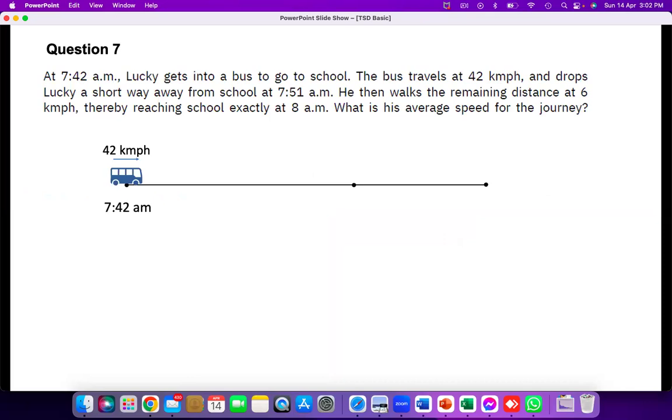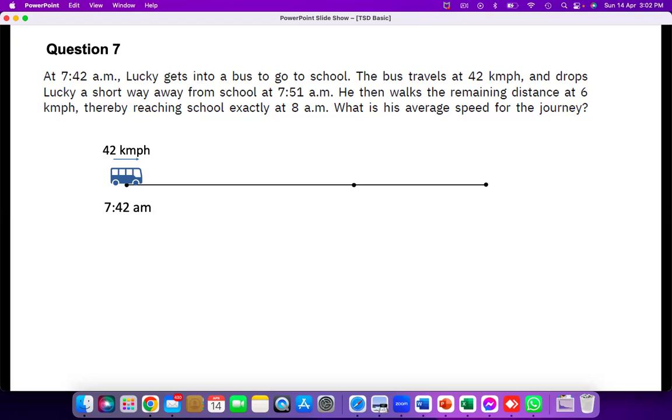Now, at 7:42 a.m., Lucky gets into a bus to go to school. The bus travels at 42 kilometer per hour and drops Lucky a short way away from the school at 7:51 a.m. That's 9 minutes to 8 o'clock.